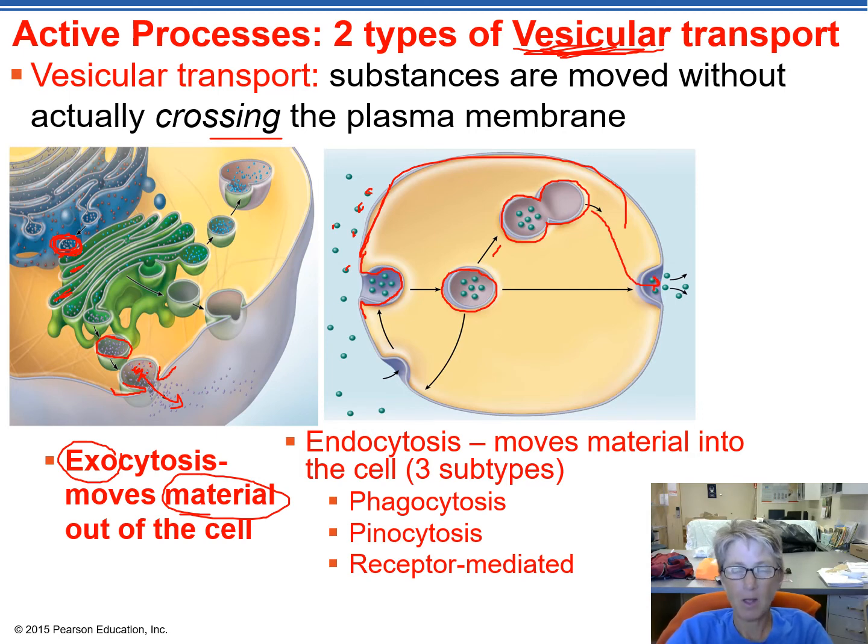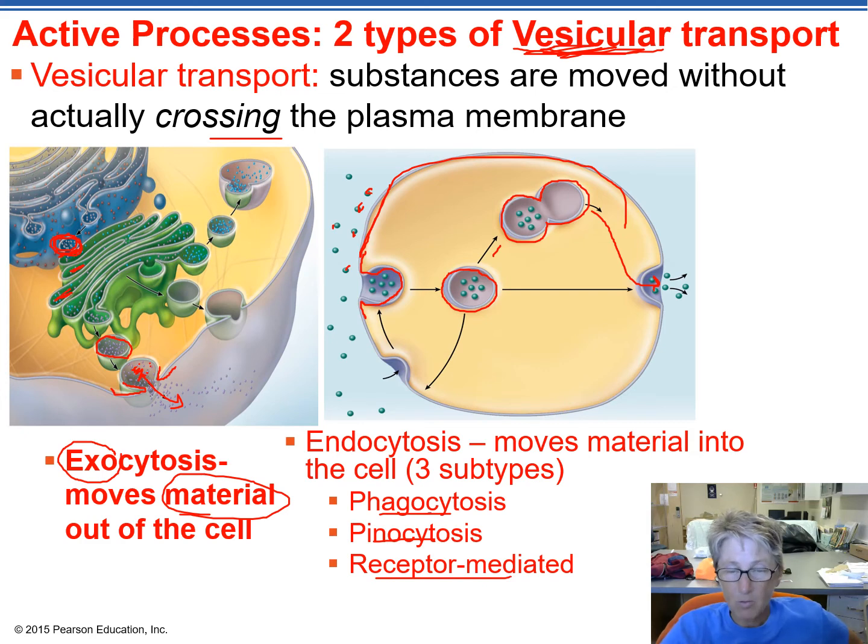But anyway, endocytosis and exocytosis, maybe you've heard of it before, but they're really important vesicular transport systems in cells. Endocytosis, there's three subtypes we want to talk about: phagocytosis, pinocytosis, and receptor-mediated endocytosis.